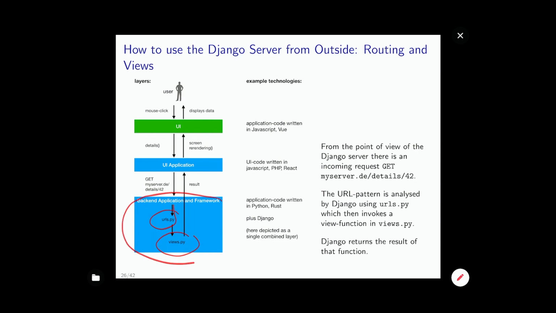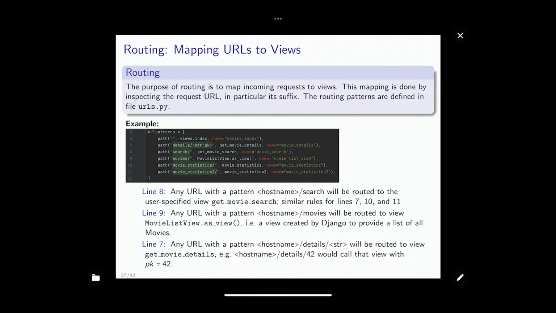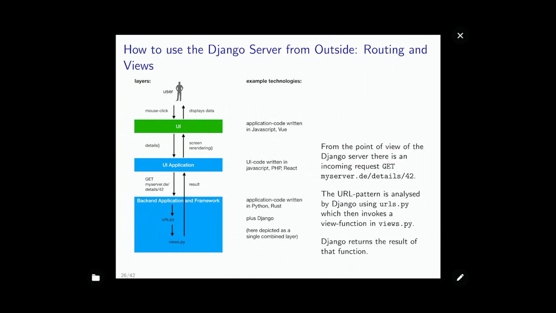This is the Django backend, and once it receives that request, it has to determine which data to return. Maybe I show that with the slides. Once the result to the request is computed, it is returned to the UI application.